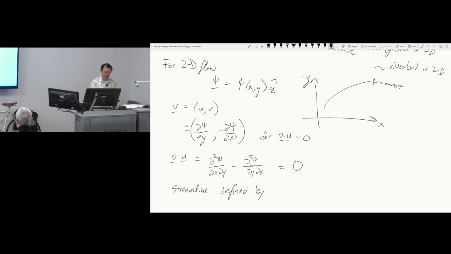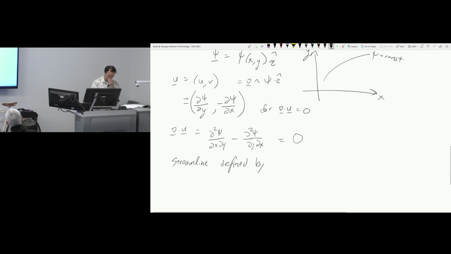You could also write this as del cross psi z hat. That's the definition. If you have something that's divergence free, it has both a potential and a stream function.